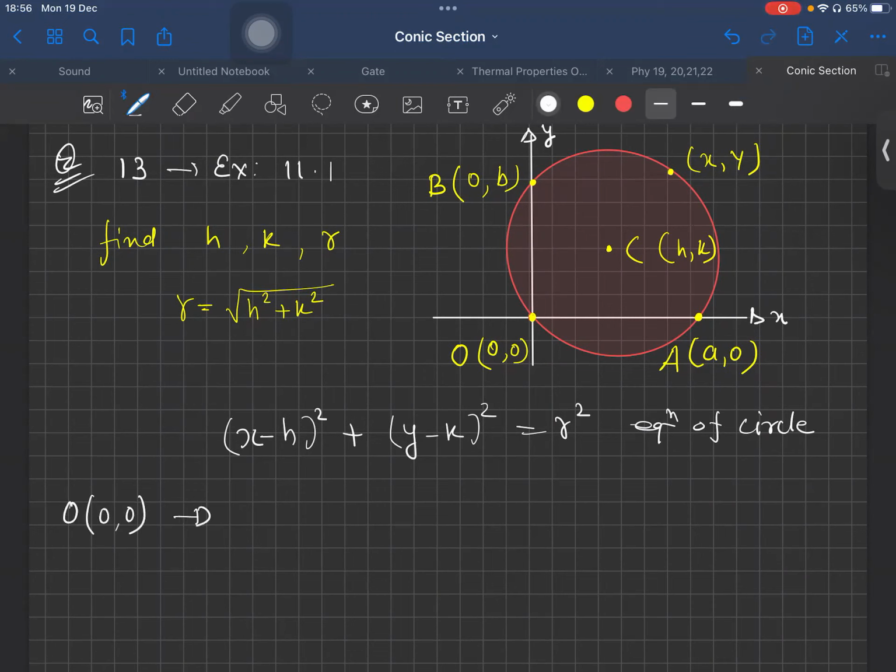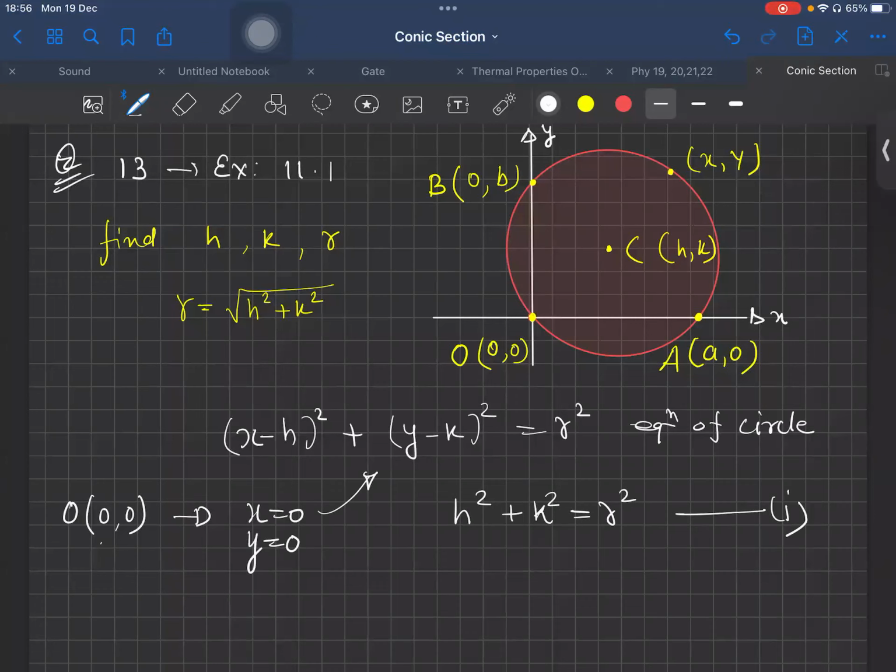So you can put x equal to 0 and y equal to 0 in this equation. What you'll get is h square plus k square is equal to r square. Let's say this is equation number 1. Is it fine?